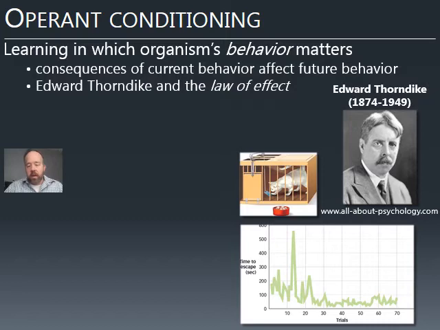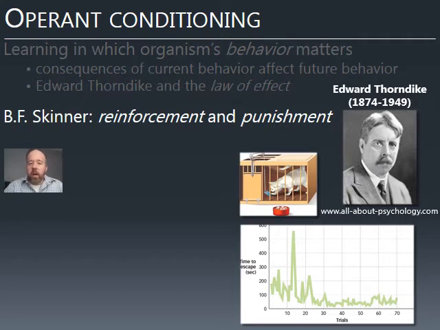And so this led Thorndike to develop what is called the law of effect. And that is the idea, really basically, that behaviors that lead to good things become more likely, and behaviors that lead to bad things become less likely.